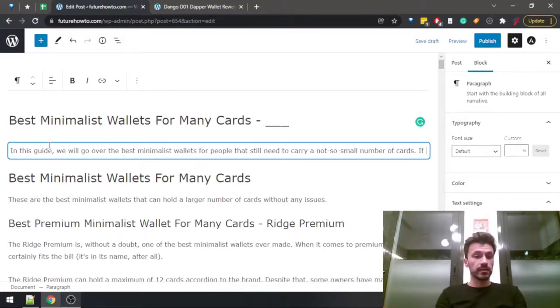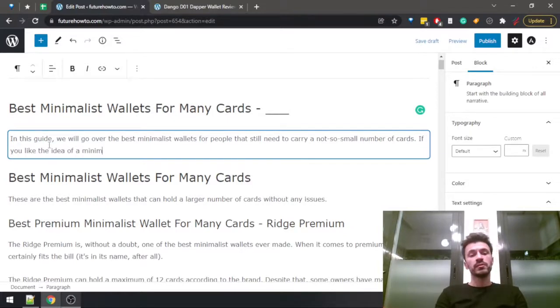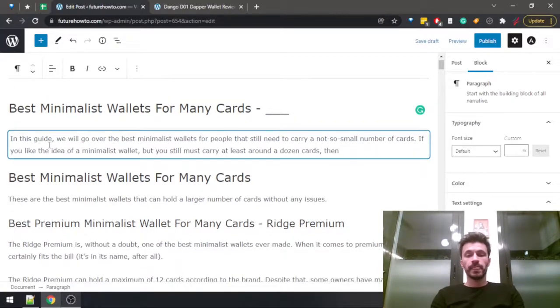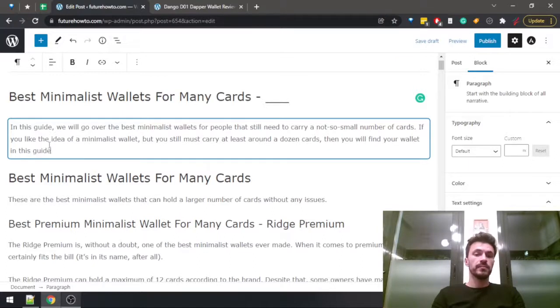If you like the idea of a minimalist wallet, but you still must carry at least around a dozen cards, then you will find your wallet in this guide.